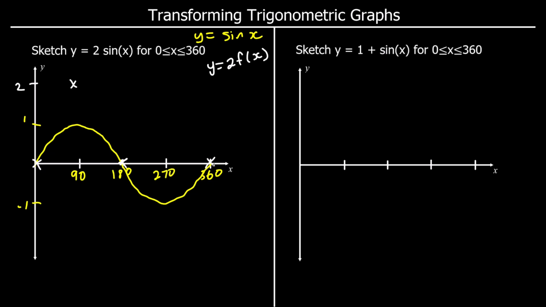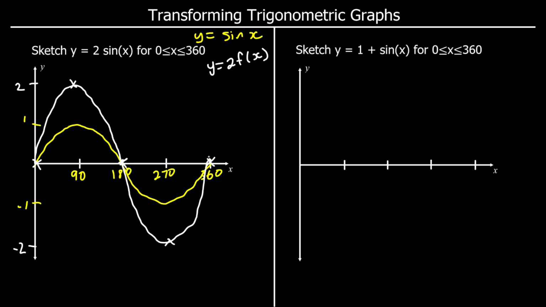Double 0 is 0. Negative 1 is going to go to negative 2. So the graph of 2 sine x, if we double all the y values, looks something like this. That's 2 sine x.